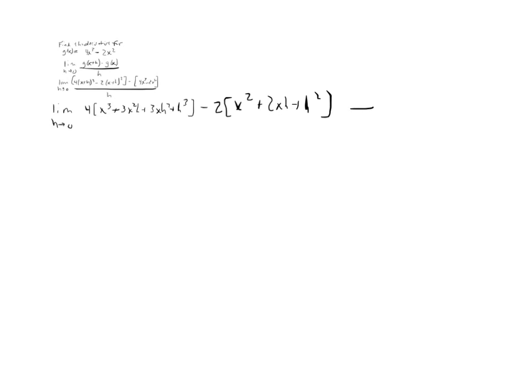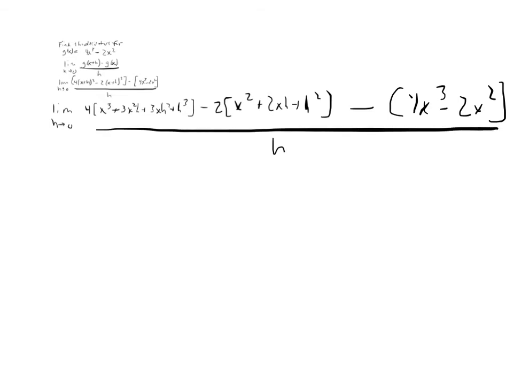Minus the quantity 4x cubed minus 2x squared, all over h. Go ahead and multiply out. We get the limit as h goes to 0.